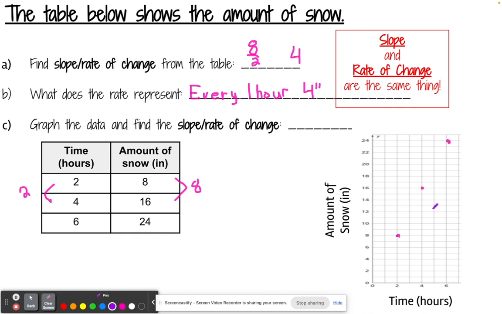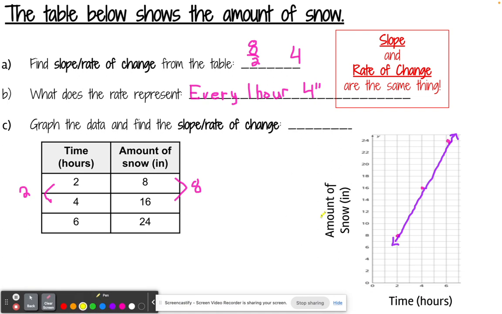Connect my dots. This is a pretty steep line. I don't know if you realize it yet, but the bigger the number, the more steep the line is. So 4 is pretty steep. 1/4 is pretty flat.